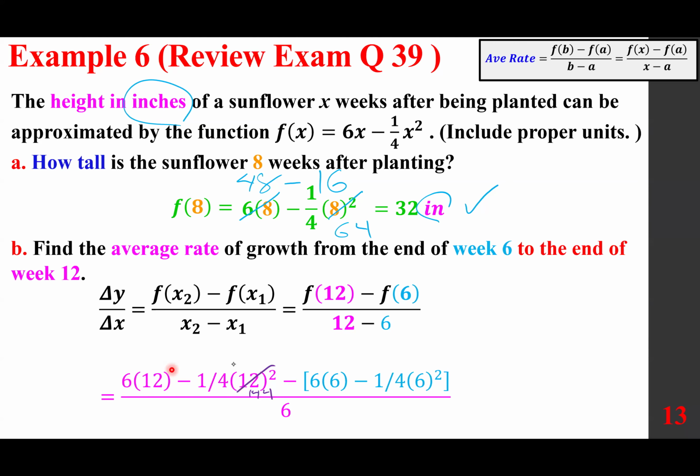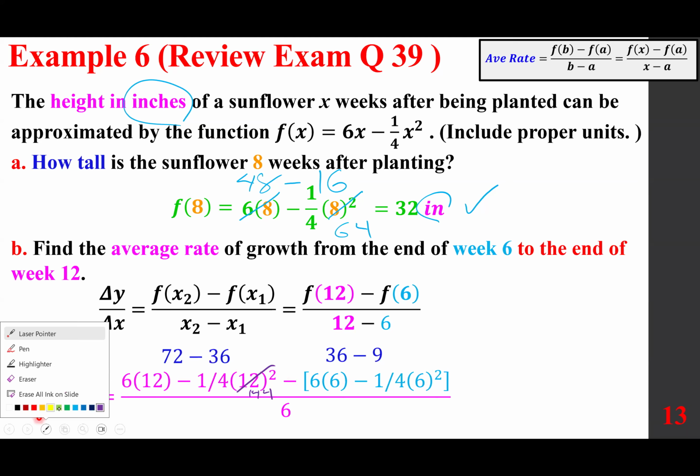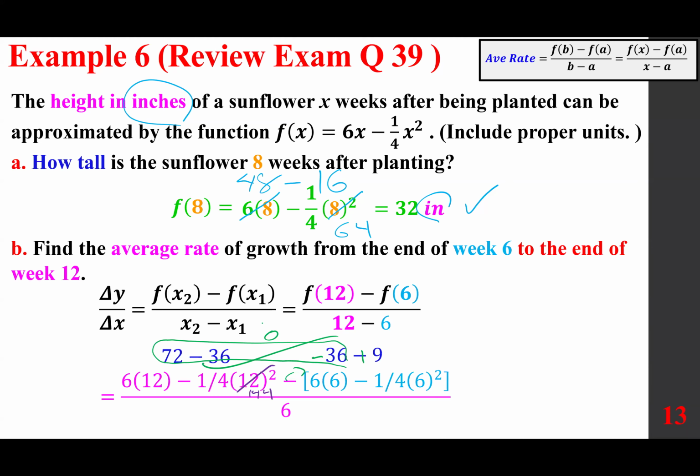So we have 72 minus 36. Minus, this is 36. This is 36. 1/4 of it is 9. So 36 minus 9. Notice we have 72 minus 36 minus. If you distribute this, you get minus plus, and this 36 and 36 add up to 0. So you get 9 over 6, or 3 halves of an inch per week.